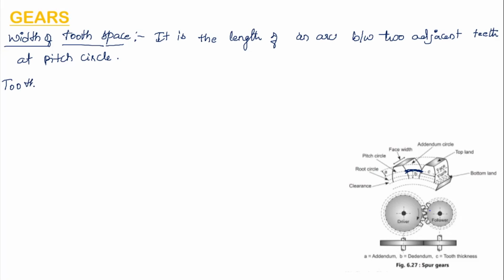Then what is tooth thickness? Tooth thickness is the width of the tooth measured along the pitch circle. So along the pitch circle, the width of this tooth is the tooth thickness. Let me highlight it.